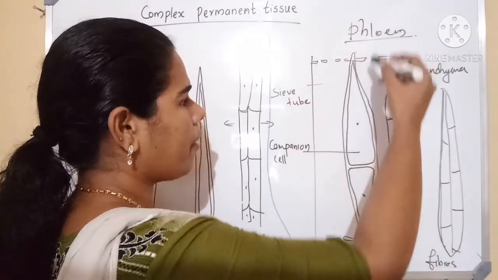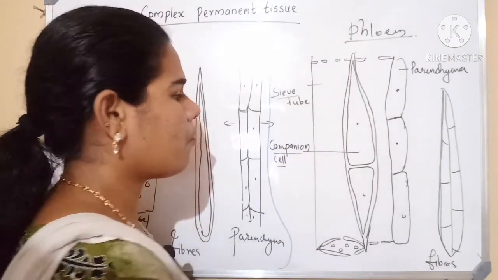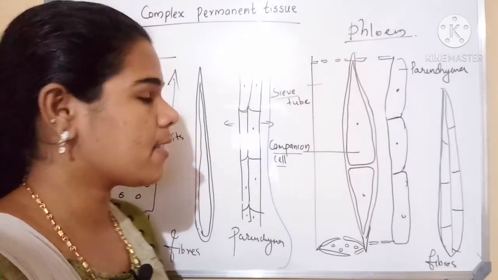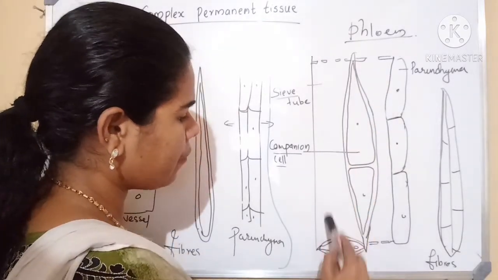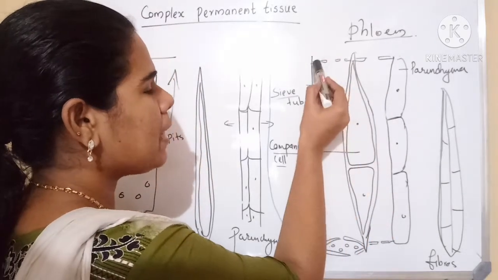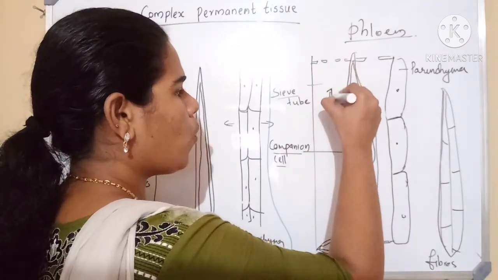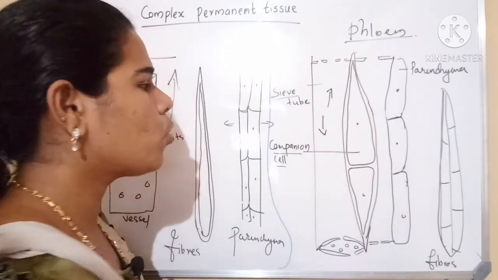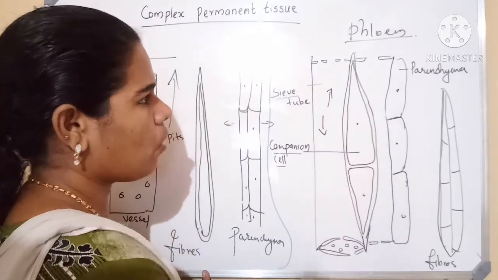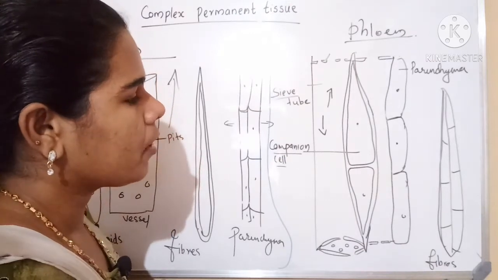And in the case of phloem, it consists of four elements. The first one is sieve tubes, and the second one is companion cells. Here you can see these are sieve tubes and these are companion cells. Sieve tubes have sieve plates, which help the movement of food items in both directions.